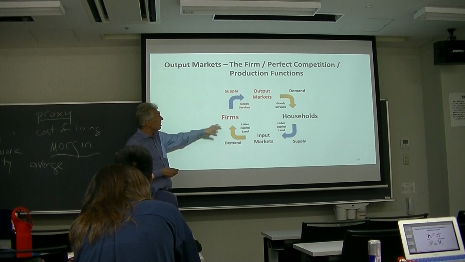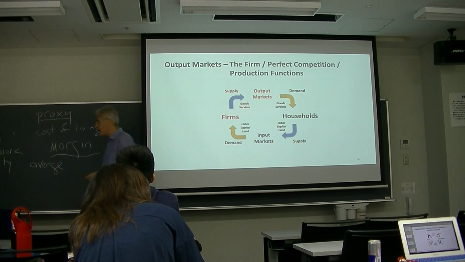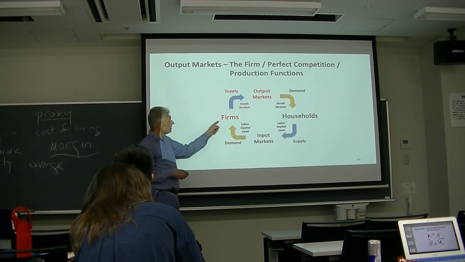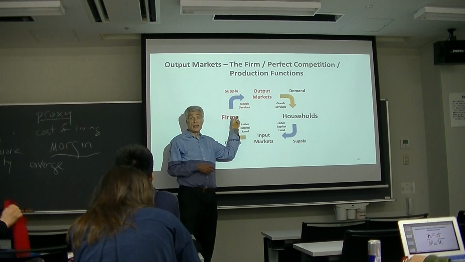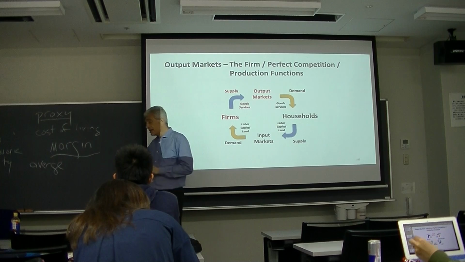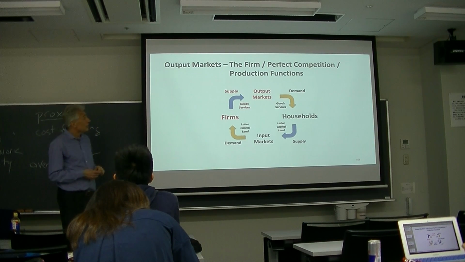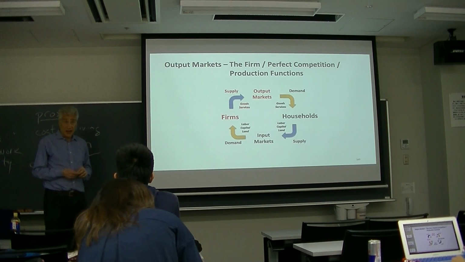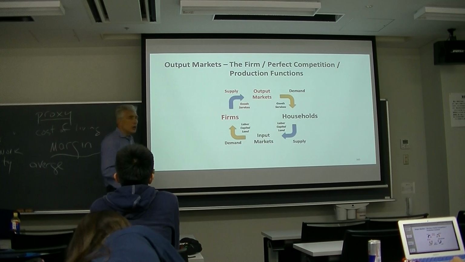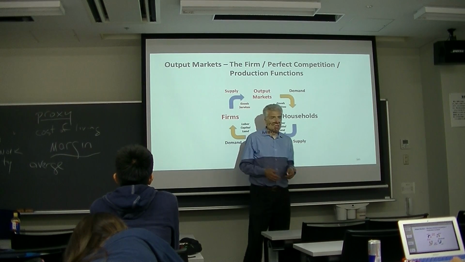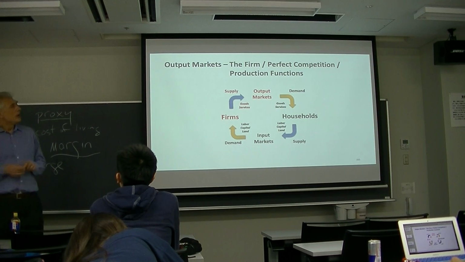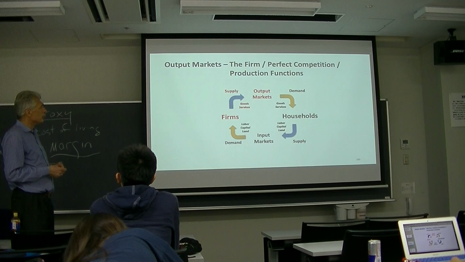When we're talking about perfect competition, we're talking about kind of your basic form of market, and of firms operating in a very basic market, what's called perfect competition. We'll see what that is. We've talked a little bit about the firm already. We're going to move away from talking about the household, and now we're going to spend a lot of time, the next section of the class, talking about the firm.